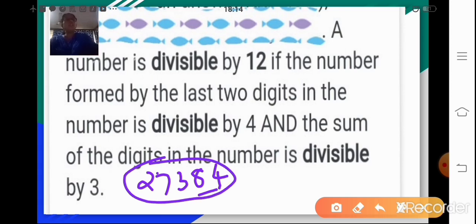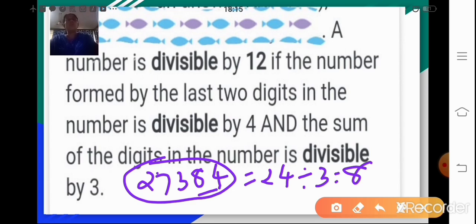Now the divisibility rule for 3 says that when you add all the digits, that is 2 plus 7, 9, 9 plus 3, 12, 12 plus 8, 20, 20 plus 4, 24. Now this 24 is easily divisible by 3. So 3 eights are 24. So that means this number is divisible by 3 as well as by 4.